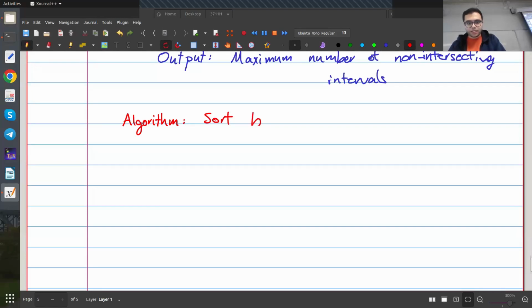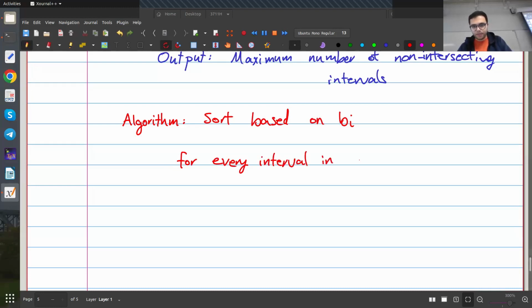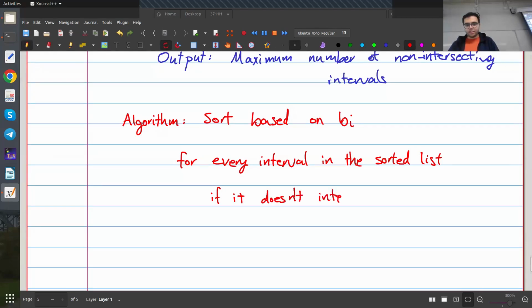Sort based on BI. And then say for every interval in this sorted list, if it does not intersect any of the previously taken intervals, take it.